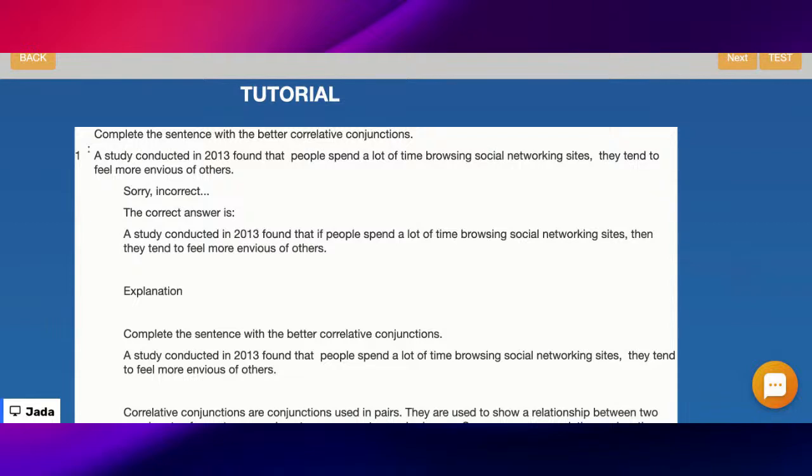The correct answer is: a study conducted in 2013 found that if people spend a lot of time browsing social networking sites, then they tend to feel more envious of others.